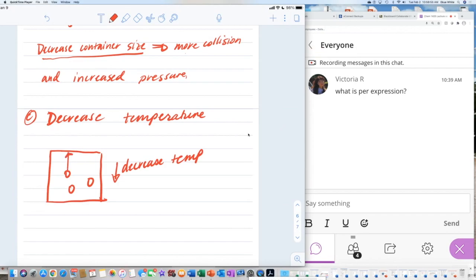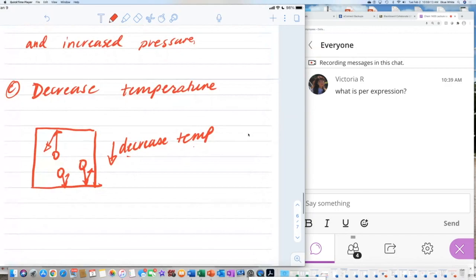These molecules were moving very fast, right? Because they had a lot of energy, colliding with the wall, colliding with the container, colliding with each other, all over the place. As long as the temperature is high, they have energy. But now you decrease the temperature. So what does the temperature affect?